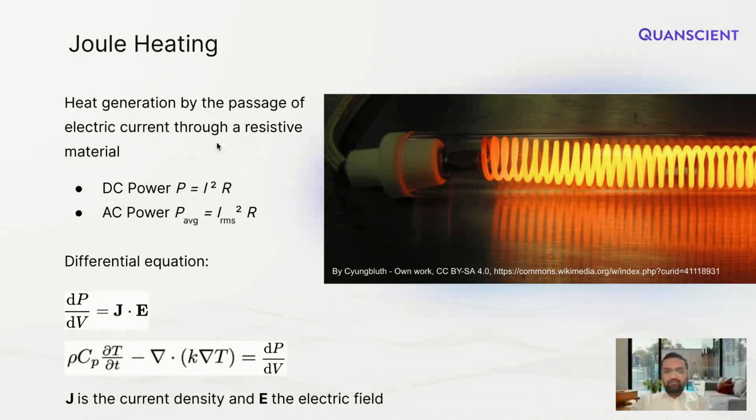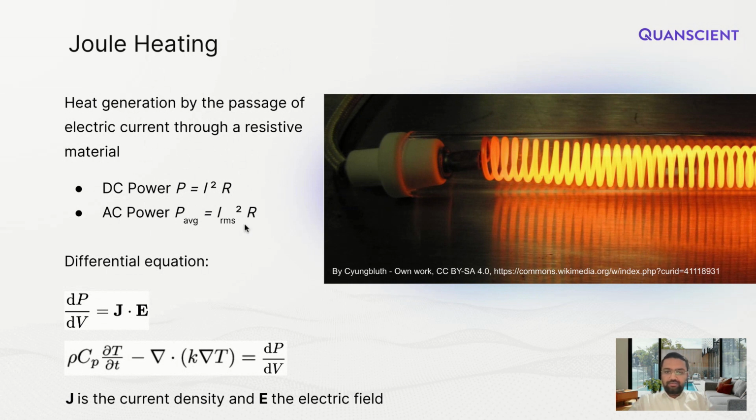If we have a DC current passing through the coil, so mainly a constant current flow, usually the power output is given by current squared times the resistance. So this is for the DC power, and if you have AC current flowing through this, it is the RMS current that is taken for calculation of the power. This is important, you will see where it comes in handy.